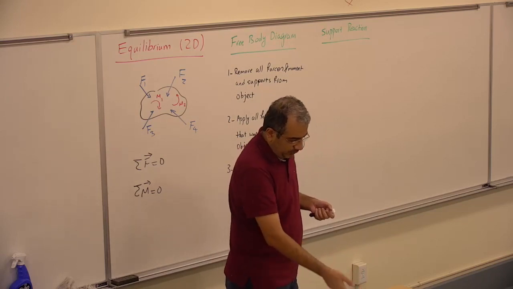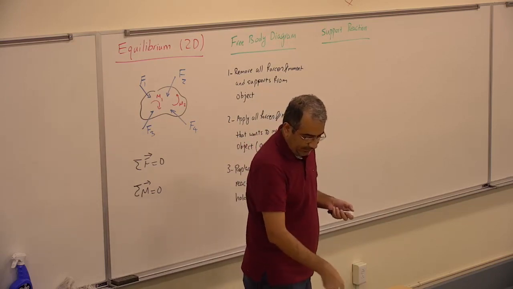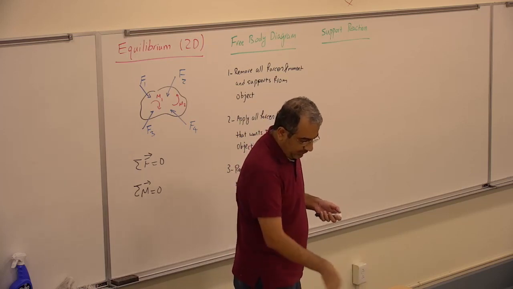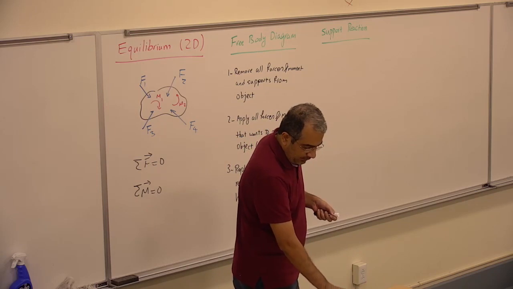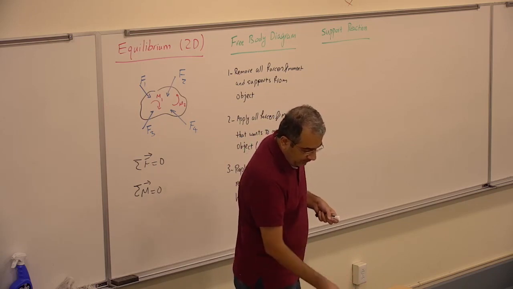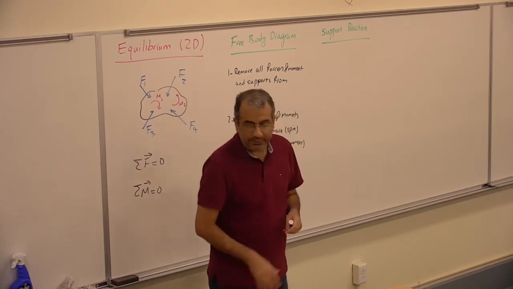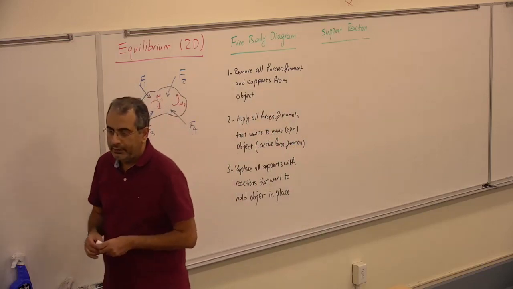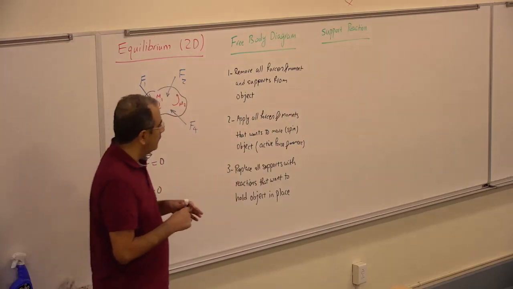In the book, if you look at pages 198 and 199, it has a couple of the supports. We're not going to use all of them, but I'm going to just mention the ones that we are using the most and say how to replace them.